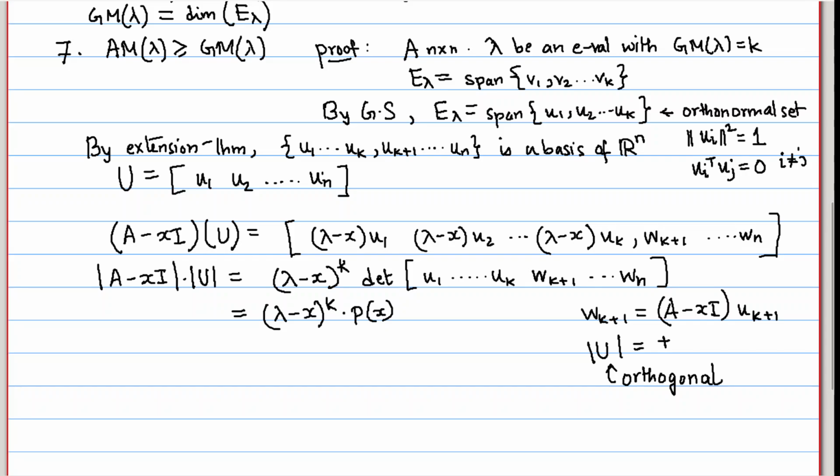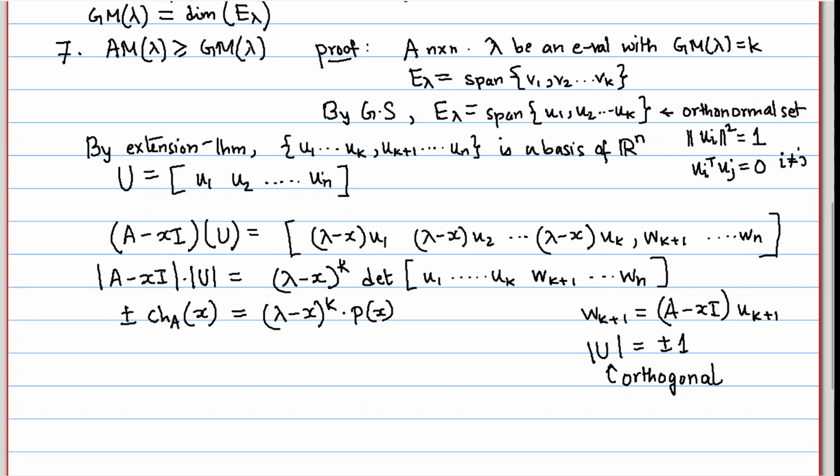So the determinant can be either plus 1 or minus 1. But this is actually plus or minus the characteristic polynomial of A. So we are expressing the characteristic polynomial as x minus lambda to the power k times p(x).